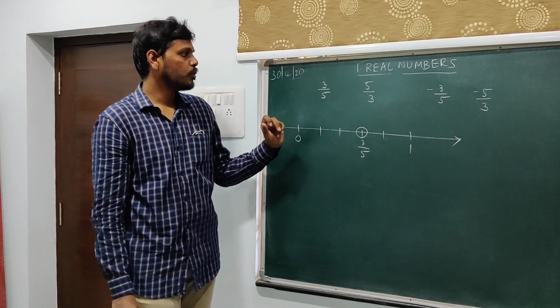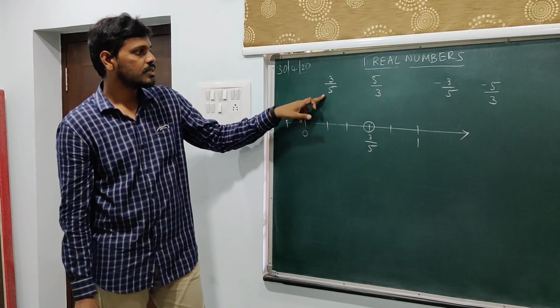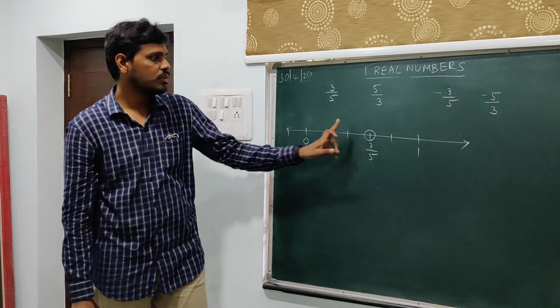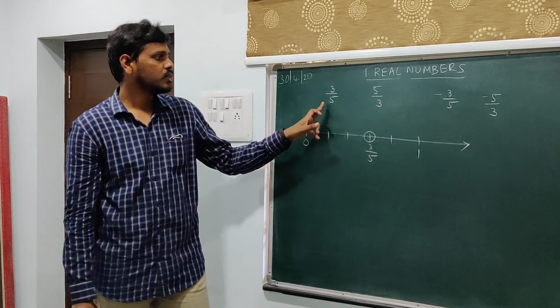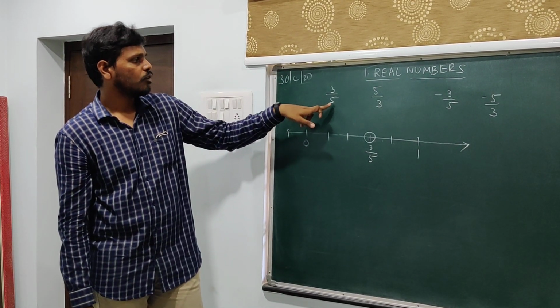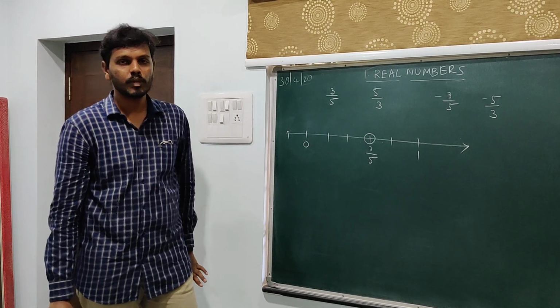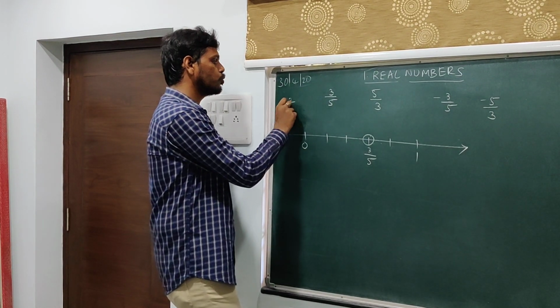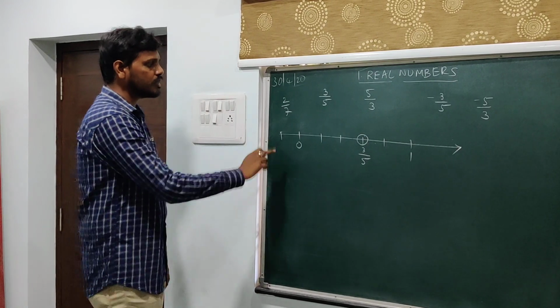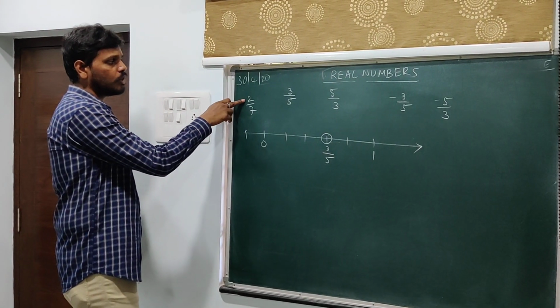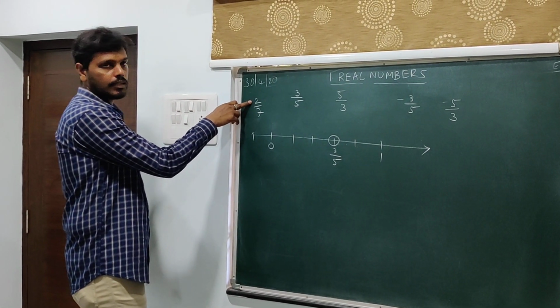Now here the point to be remembered is, whenever the numerator is less than the denominator, the number always lies between 0 and 1. Now as per the number of parts to be divided, which is indicated by the denominator, you will divide those many parts. For example, say 2 by 7. The denominator is 7 and the numerator is 2, which is less than the denominator.